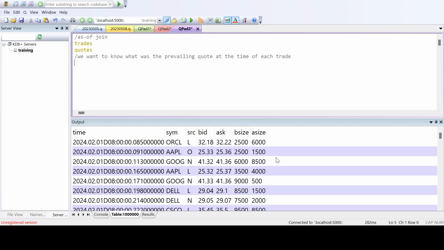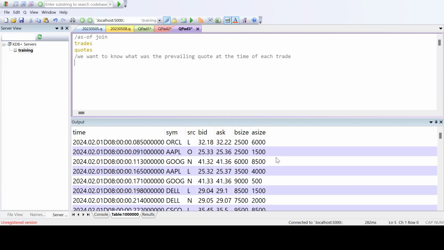Basically, we want to know, for each trade, say each of 100,000 trades that happened, what was the last quote just before that trade? So we want to get the quote at the highest time less than the time of the trade.